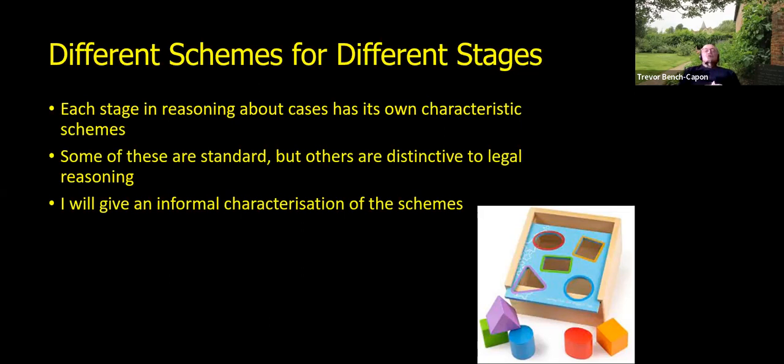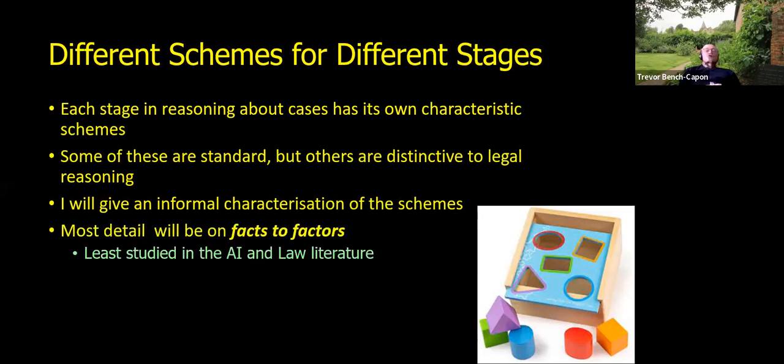I did a fairly informal characterization of the schemes in this book, and I went into most detail on the move from facts to factors because that's the least studied in the literature. But let's go through them in order.